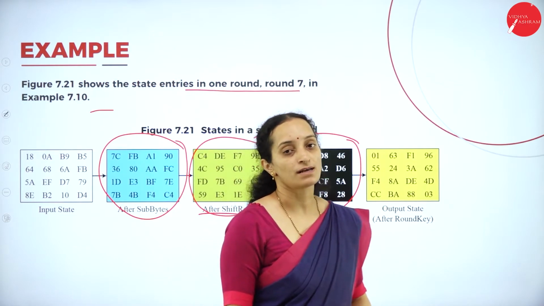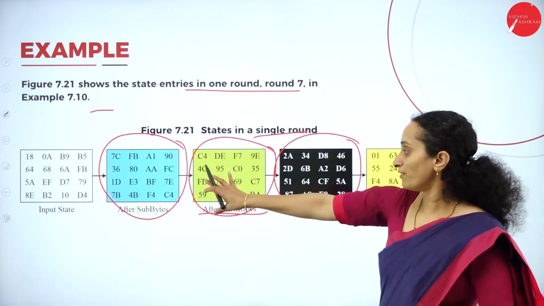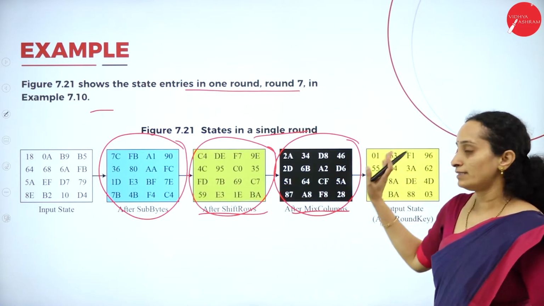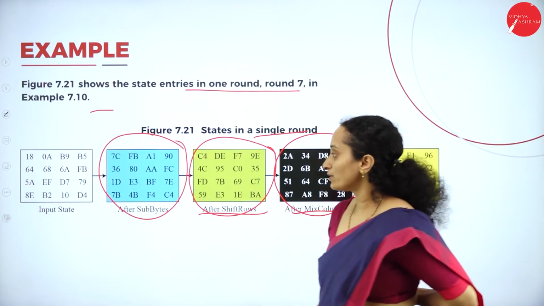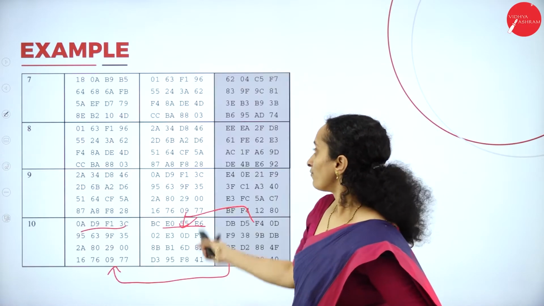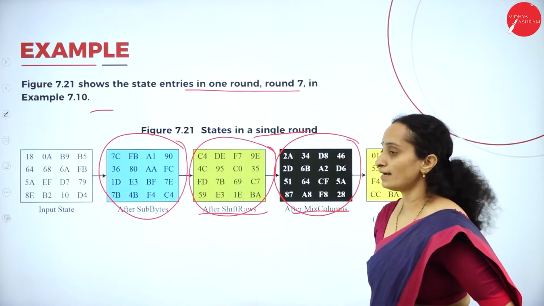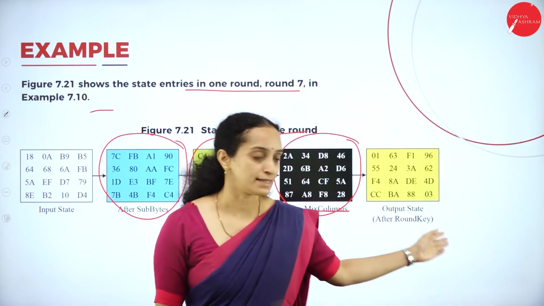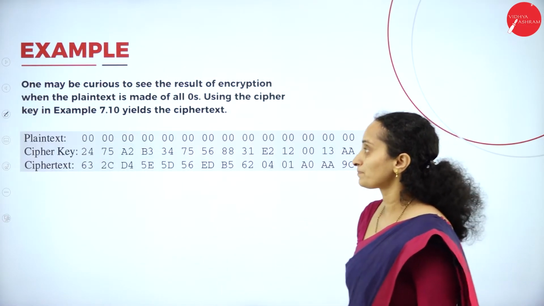So this is how you get the output state by following all the 3 methods. First it will be add round key. We use the round key set from this example to get the output state. Alright, so this is about the example.